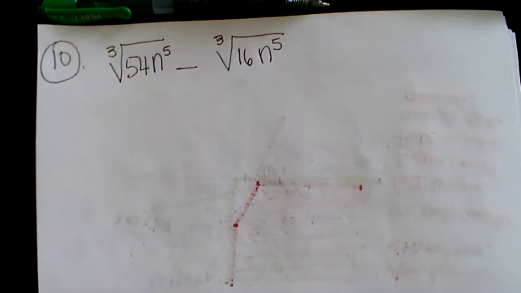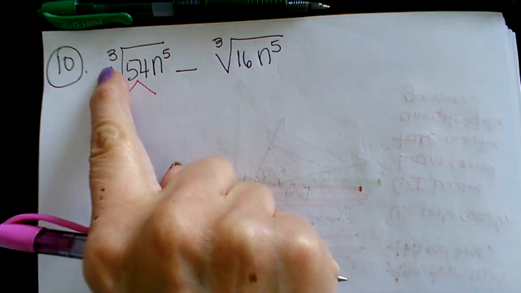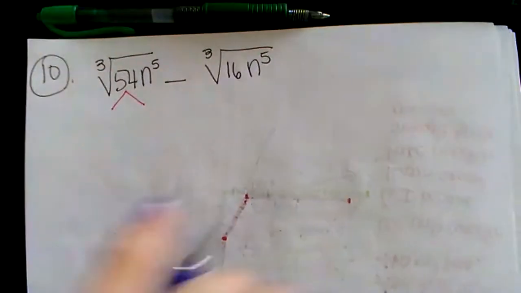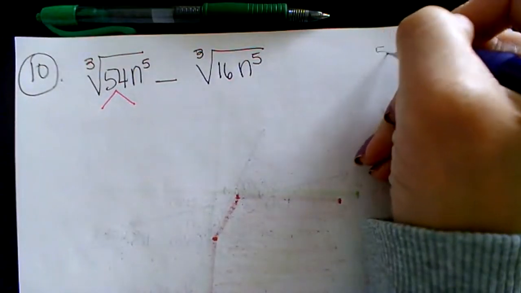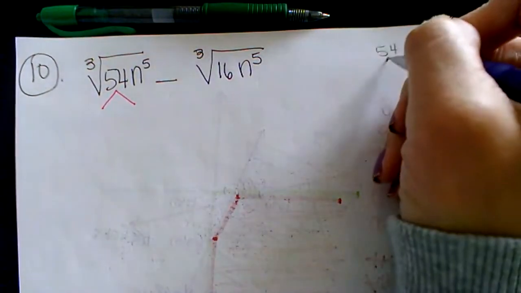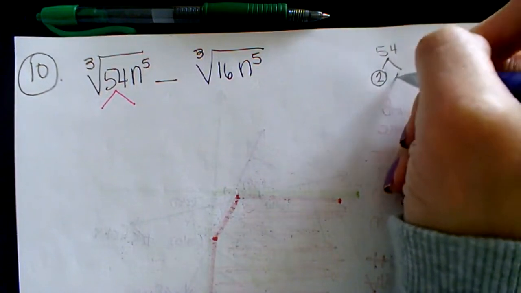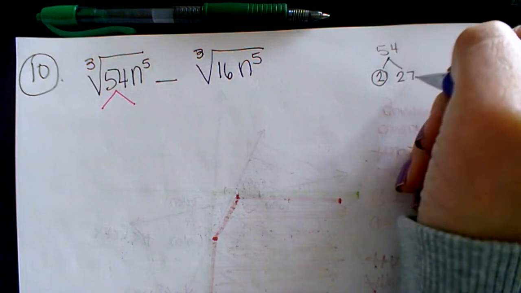Okay, so let's see. 54, in this case we need cubic roots, all right? So we need half of 54, which is 27.